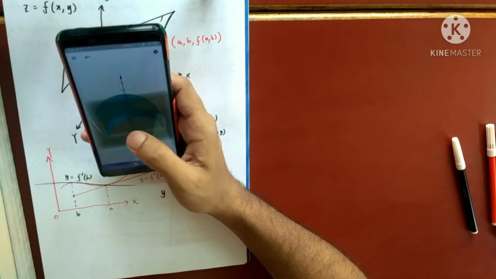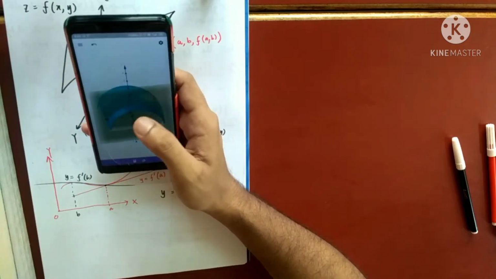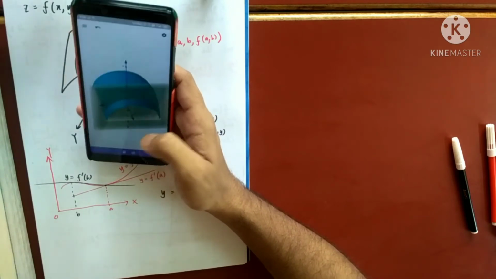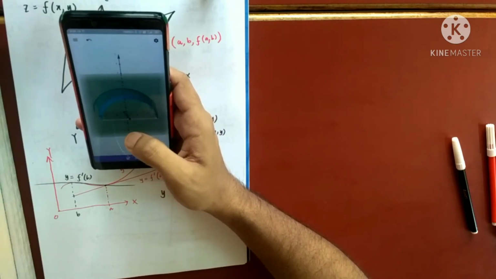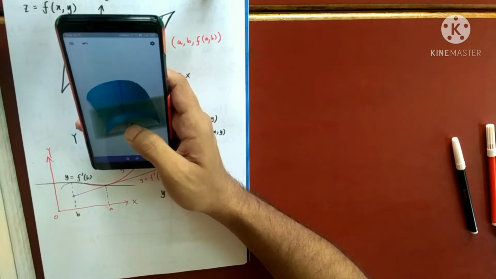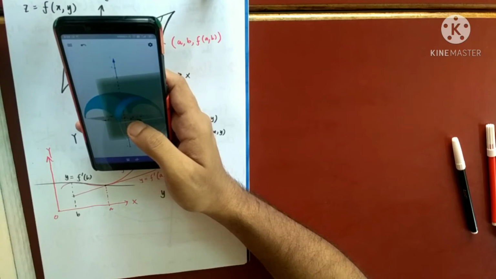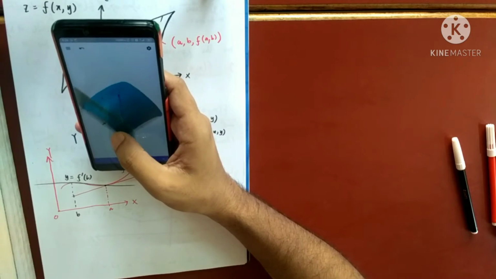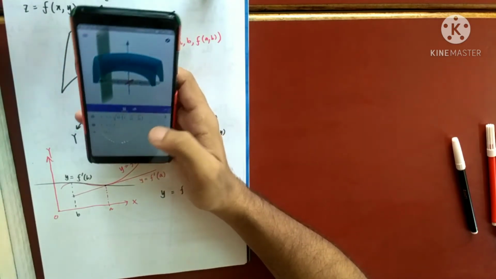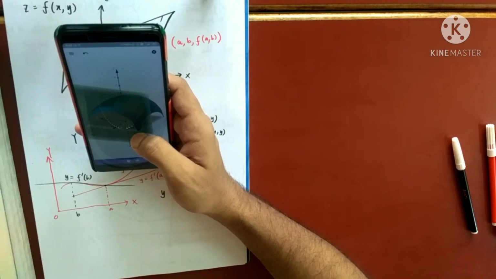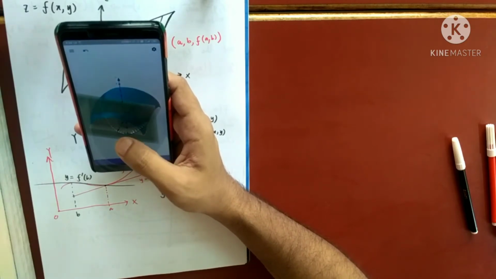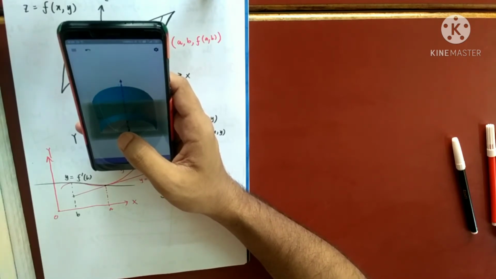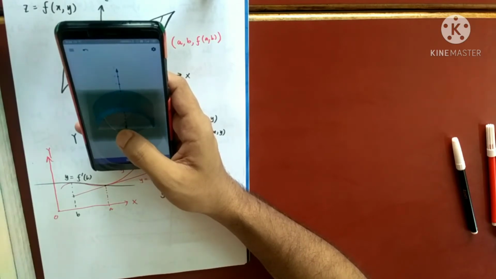So if I find the differentiation at any point on this curve, provided it is differentiable, then that is called the partial derivative. So in partial derivatives we are talking about differentiation only, but by keeping one variable fixed. So when I am fixing the value of y, my z is a function of x only. Now it is known as a partial derivative with respect to x.